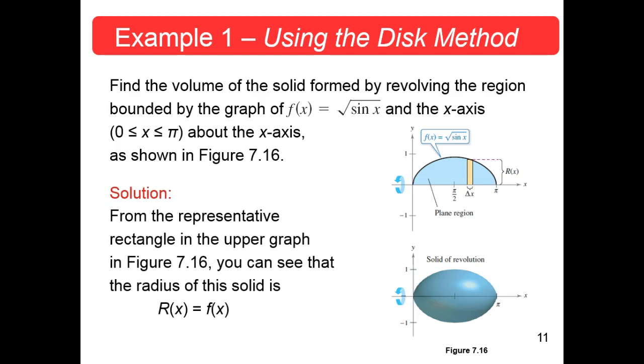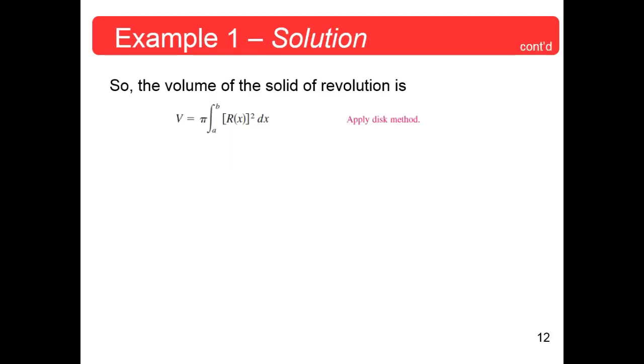They said from the representative rectangle, there's that little rectangle there, there's your dx. You can see that the radius of that solid would be the f of x. That's going to be the square root of sine x. But to get the volume, it's going to be pi times the integral from a to b of that radius squared, which is square root of sine squared, which is just sine x dx, and that's what you get here.